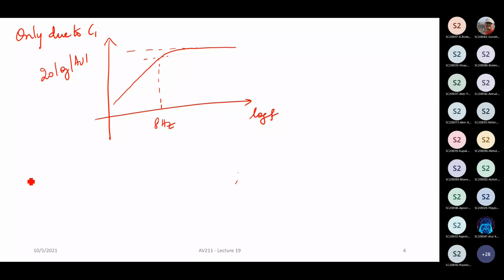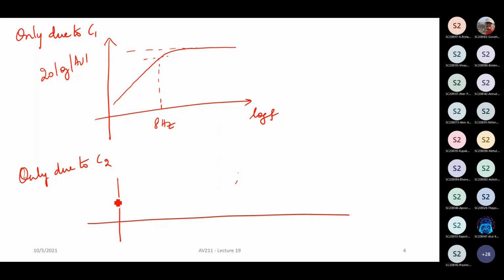This is only due to C1. Now only due to C2, you have something which is like this, where this 3 dB frequency is some 27 hertz, right? What is it? 27.9 hertz. Okay.